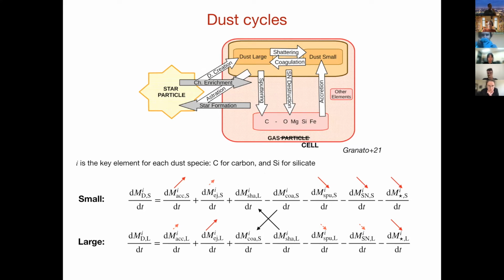There are several processes affecting the dust in the simulation. These include accretion of metals from the gas phase to the dust phase, the ejection of dust through stellar ejecta, and also destruction of dust because of supernova explosions, and shattering and coagulation, which transfer mass from one size to another, and finally thermal sputtering, which is just high temperature gas particles which progressively erode the dust grains.